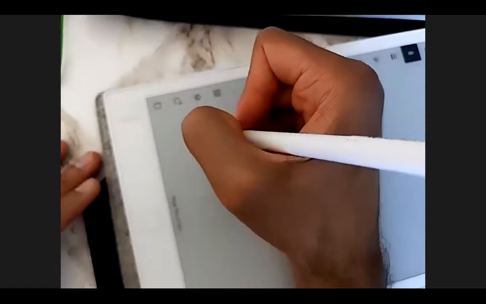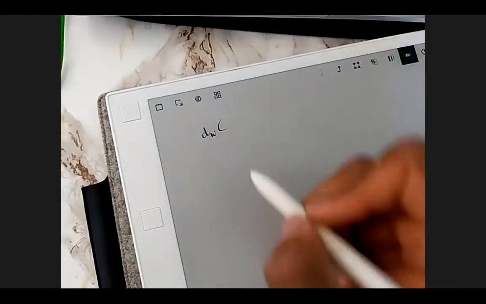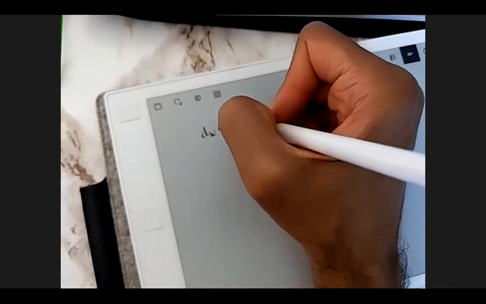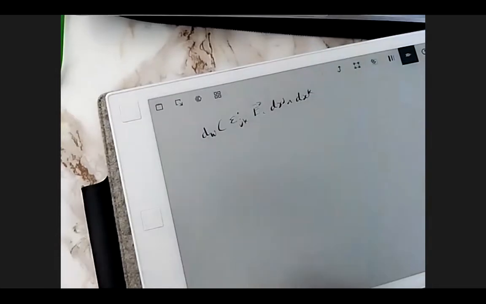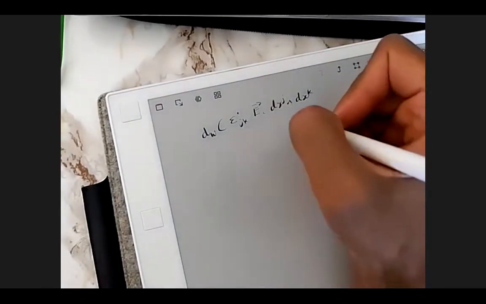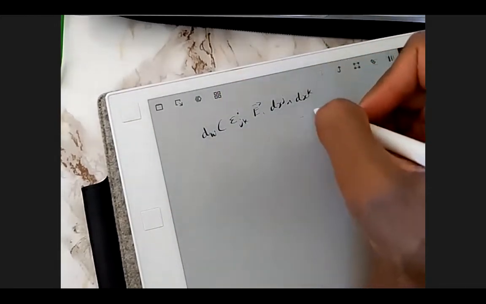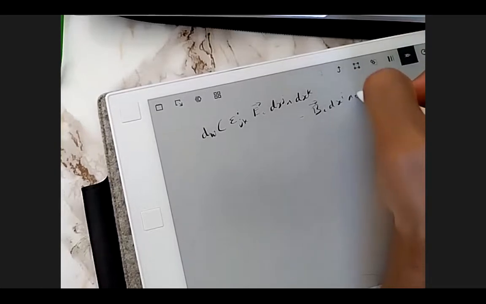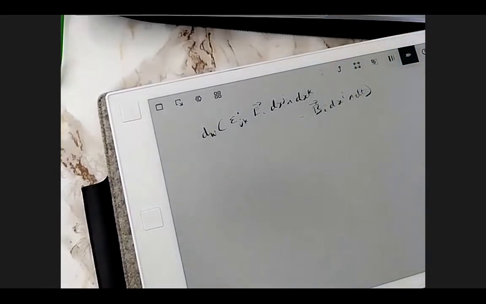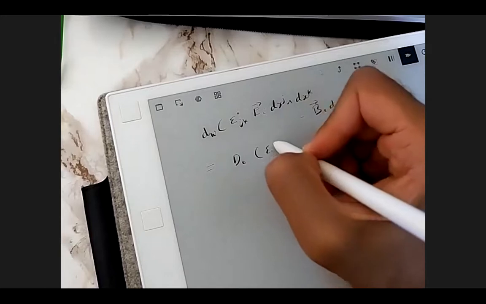Great, so now what we're going to take is epsilon ij Ei, and we remember all of our steps.